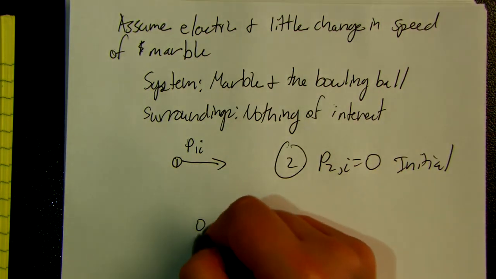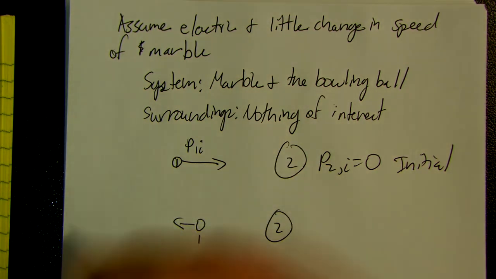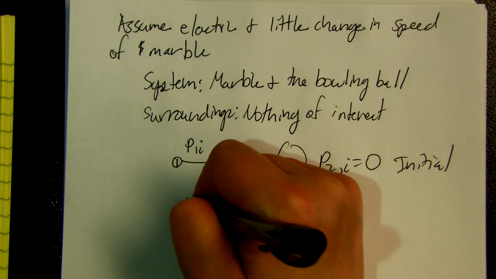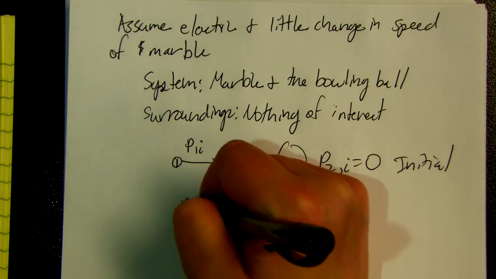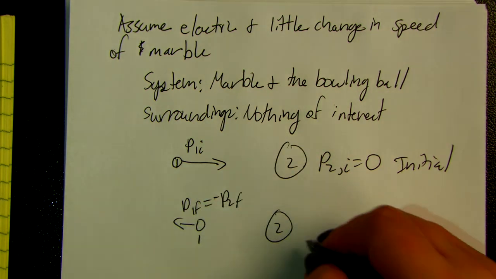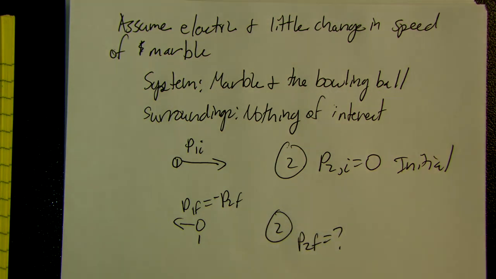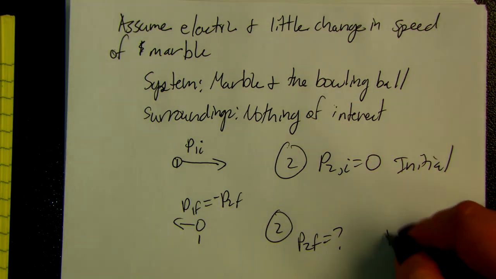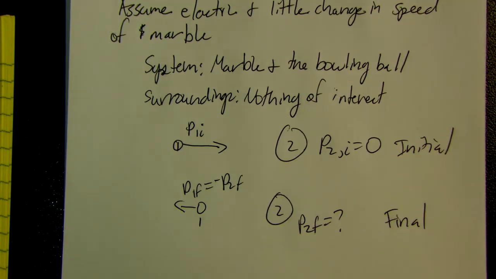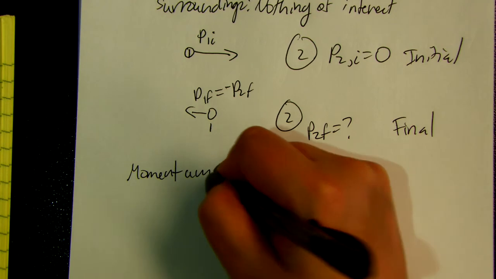And then we've got our marble going away from the bowling ball at the end, and P1 final is equal to minus P2 final, and we don't know P2 final for the bowling ball. So that's our setup. But we do know the momentum principle quite well.